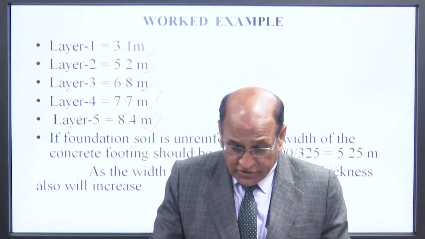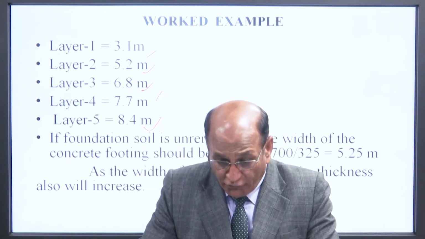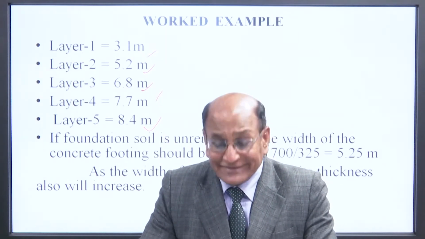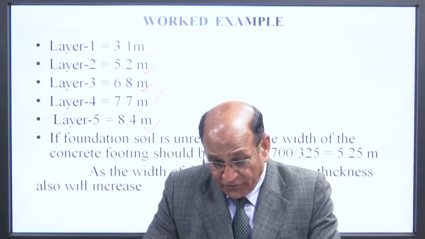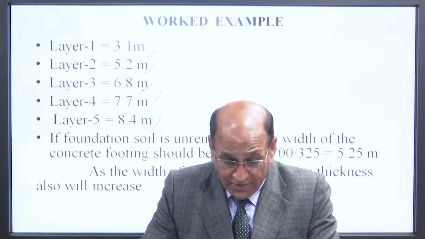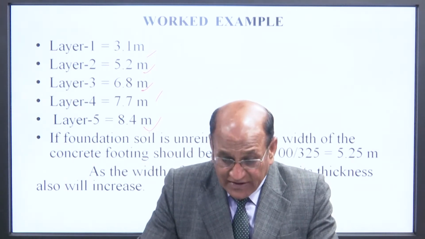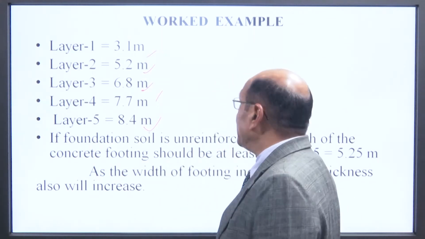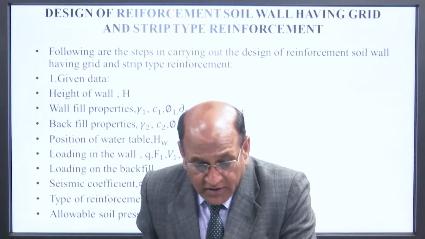If the foundation soil is unreinforced, the width of the concrete footing should be at least 1700 divided by 325, that will be 5.25 meter. As the footing width increases, its thickness will also increase. So this is a small worked example that we have covered here.